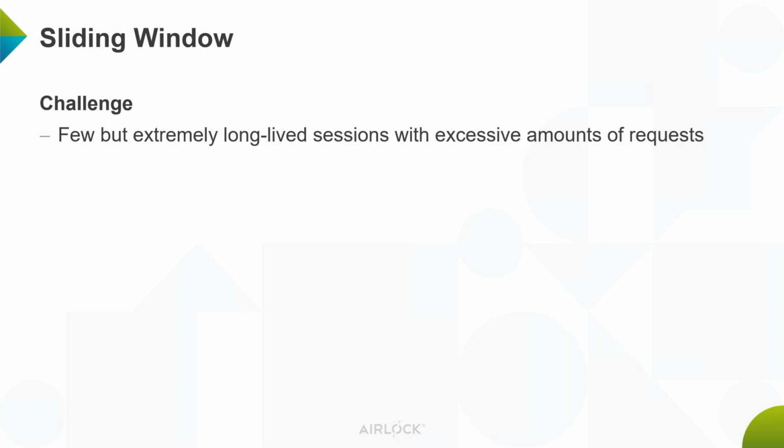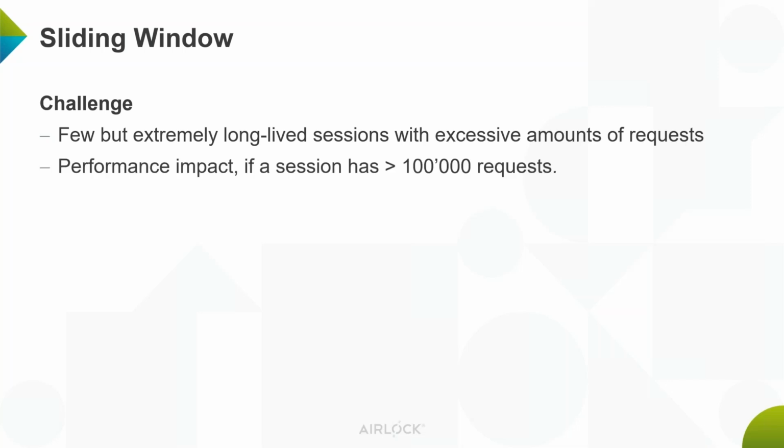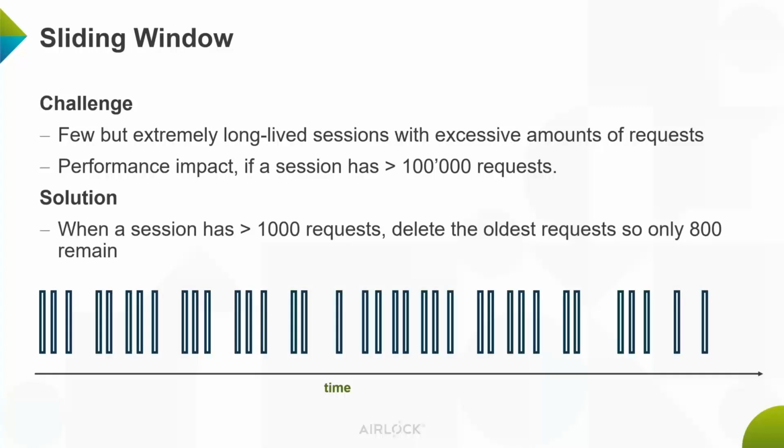Another improvement we made is with long-living sessions. We do have a lot of requests in these sessions, so if we aggregate based on IP addresses, that would be the same. That could lead to performance issues if there are too many requests in the same session. For that, we made a simple solution.